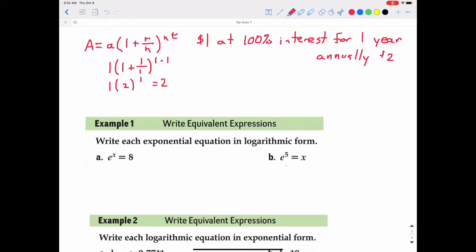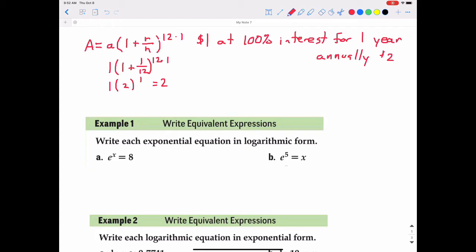But let's suppose that we weren't doing it annually. Let's suppose that we were doing it monthly. So monthly, all we would do is change the number of times per year to 12. So I would change both of the n's to 12. So it would be 12 times 1, and the n here would be changed to a 12.